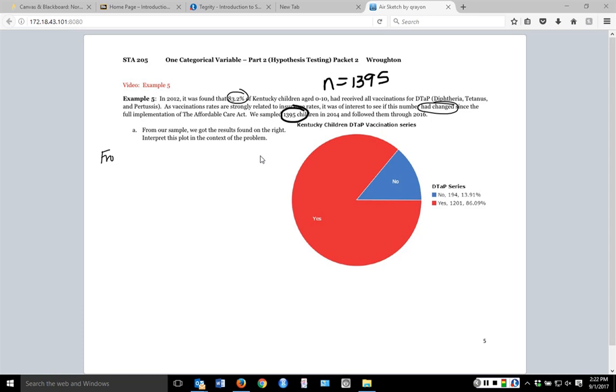So what we have is from the 1,395 Kentucky children sampled.